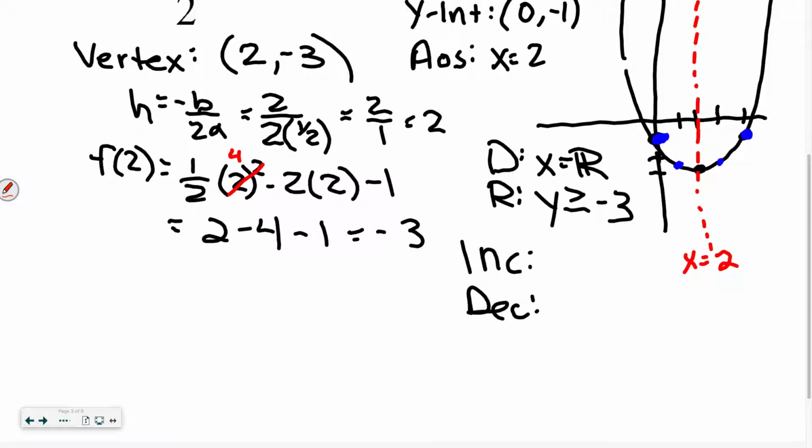Remember your parabola is split through the middle, right? Axis of symmetry. You have two sides to the axis of symmetry, the left side and the right side. The less than 2's and the greater than 2's.